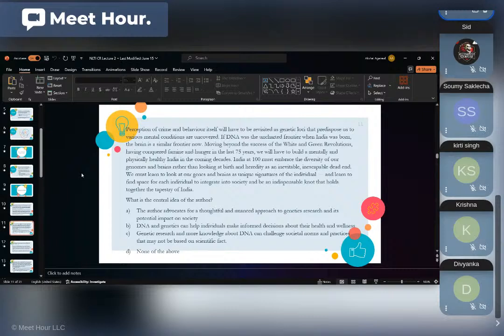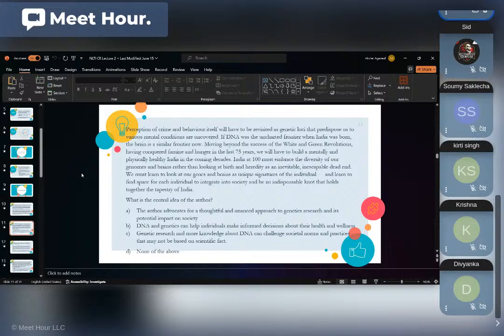That is why C is a much better option, because the author is saying that it's an indispensable knot that holds together the tapestry of India.